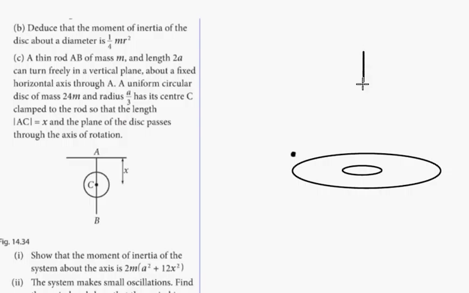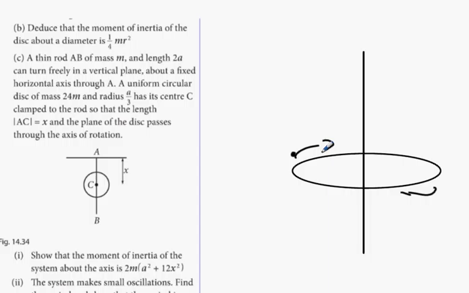Now, if I rotate it like a CD about this axis, so it's rotating like this, everybody happy enough with that?